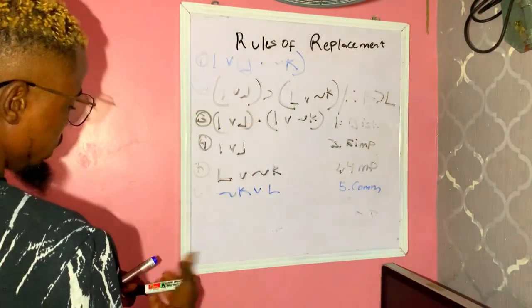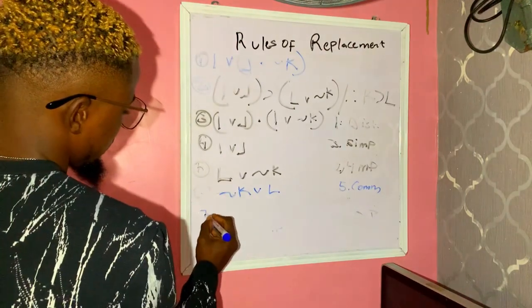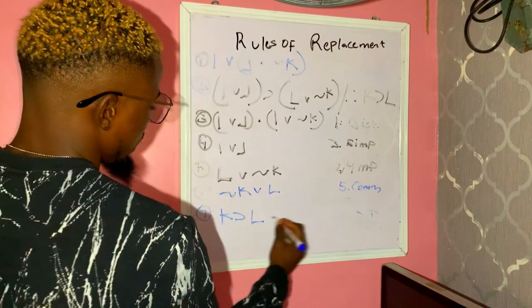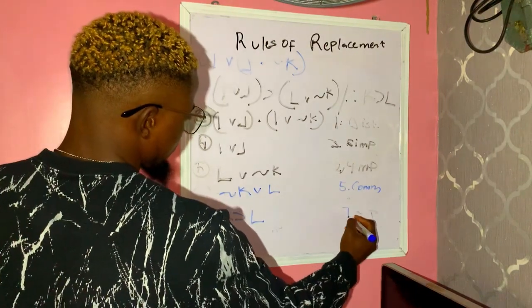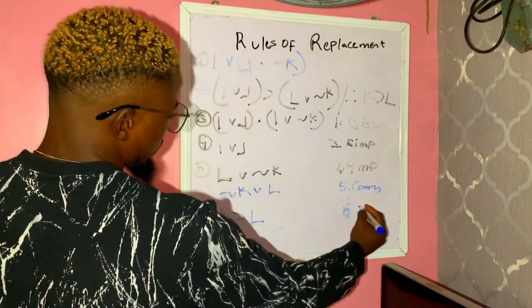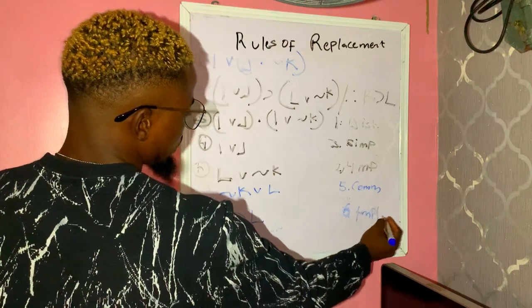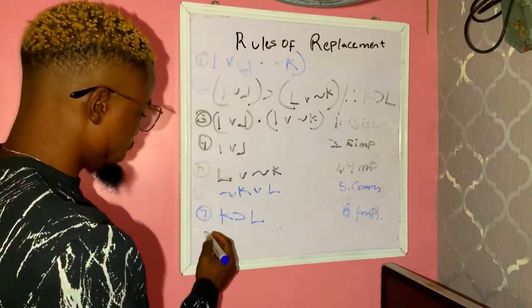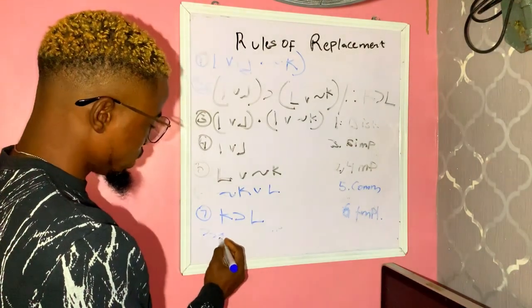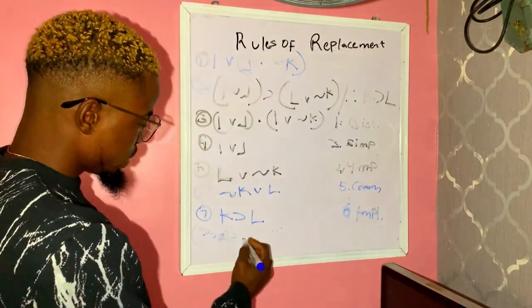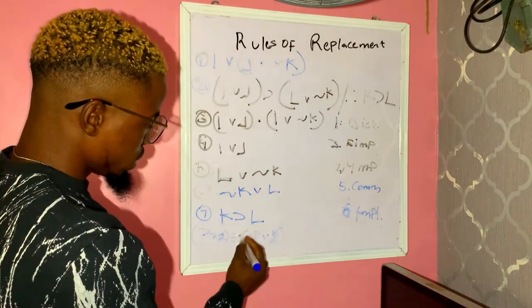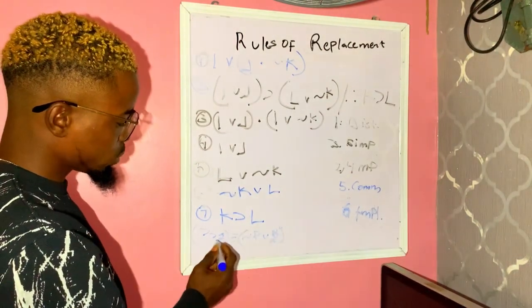Then I will now say line 7, K implies L. So that's 6 implication. So if you check the rule of implication very well, the rule of implication is telling us that if you have P implies Q, you can say if and only if negation P or Q. Like I said, you can replace this with this and also replace this with this.